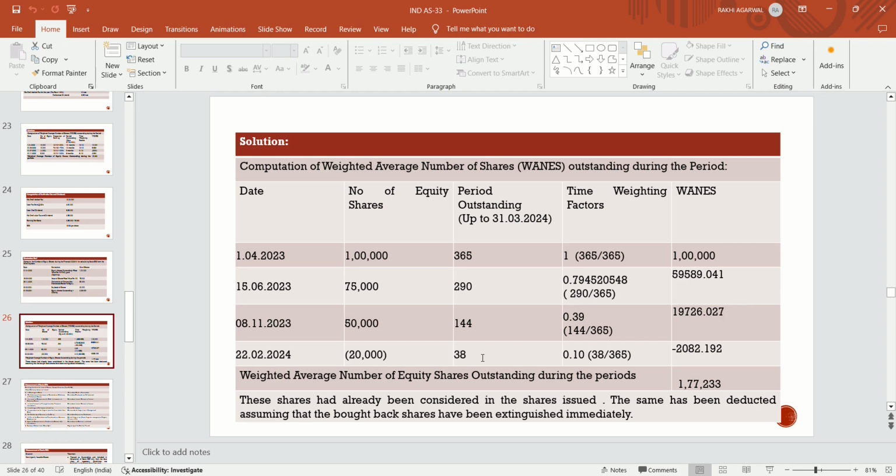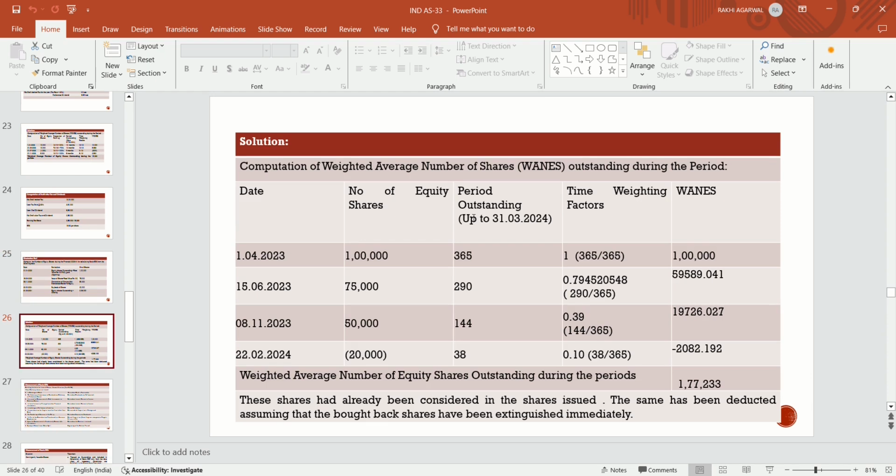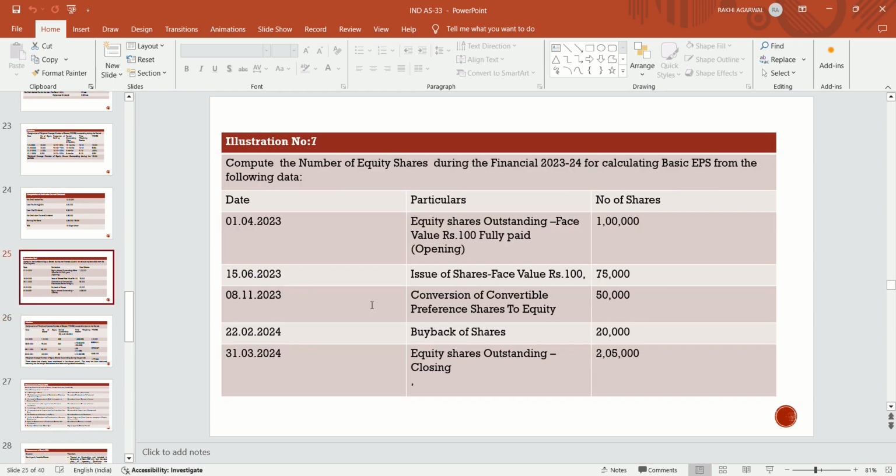On 1st April 2023, the number of shares issued is 1 lakh. The period outstanding is up to 31st March 2024. Here we are taking the number of days, because the dates given in the question, the issue date and the conversion date, are not whole-month dates.